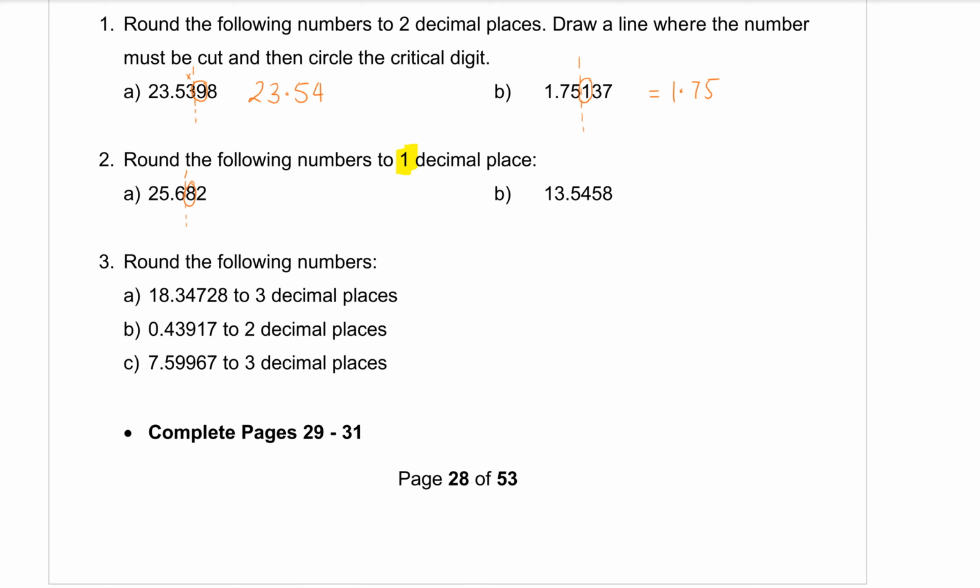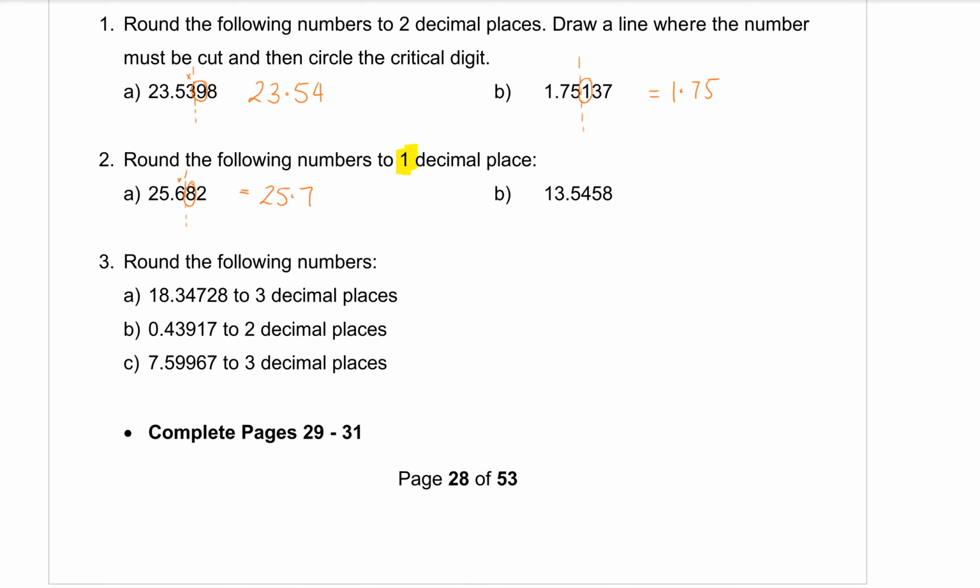Up, good, because it's above 5. When I round up, the number in front goes up by 1. So only that 6 is going to change. The 25 stays the same, but the 6 rounds up 1 more to be a 7. So 25.7.